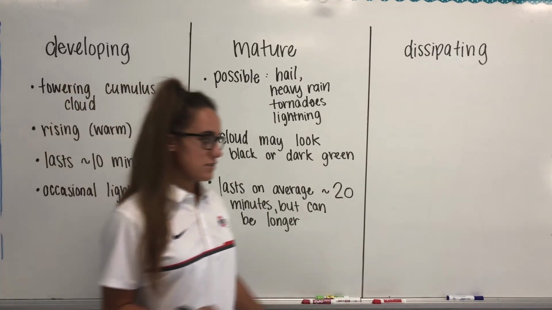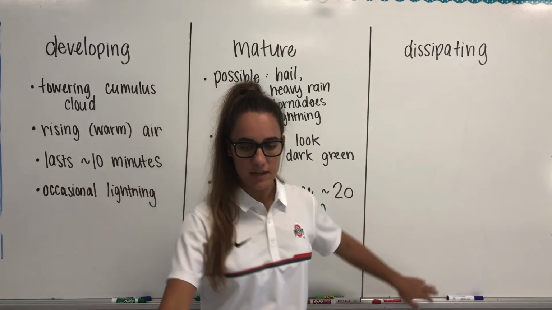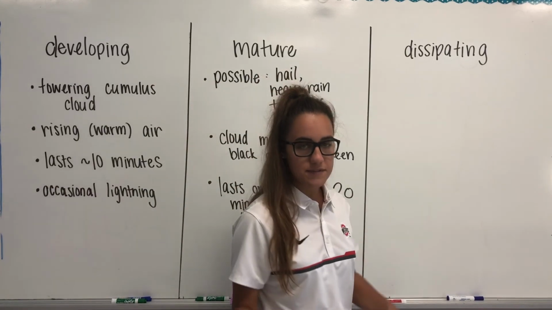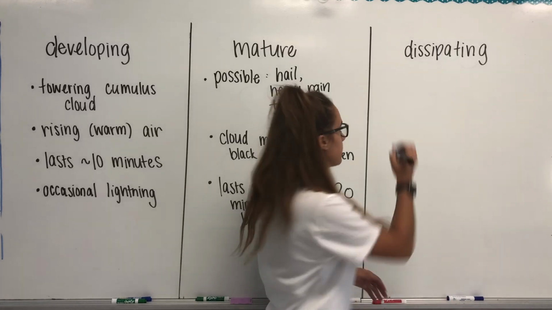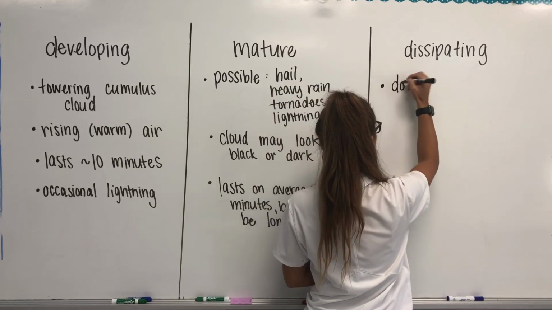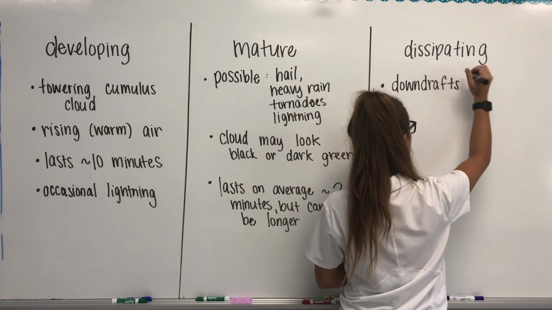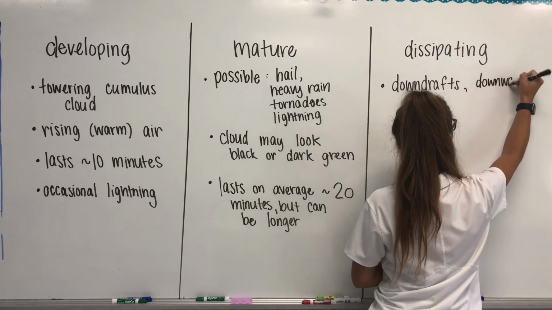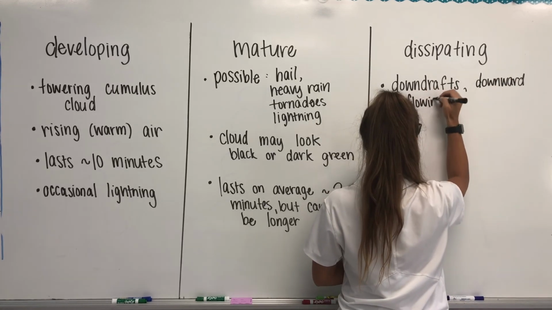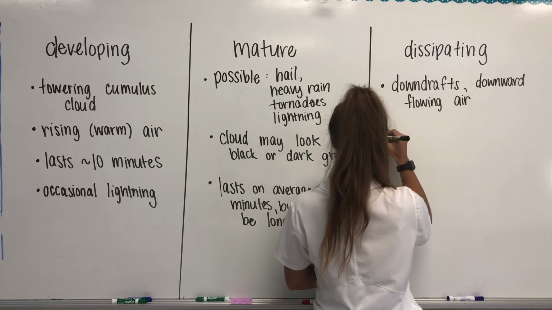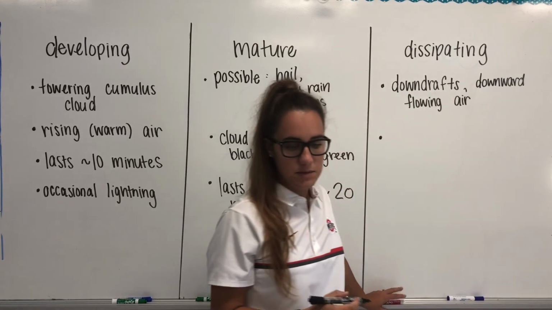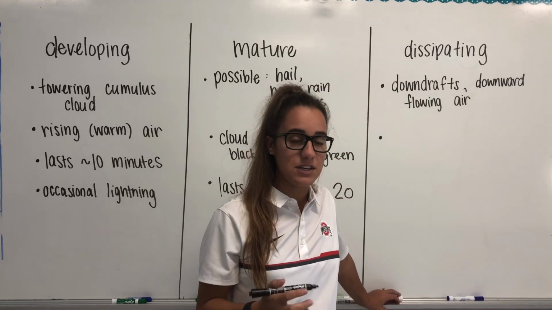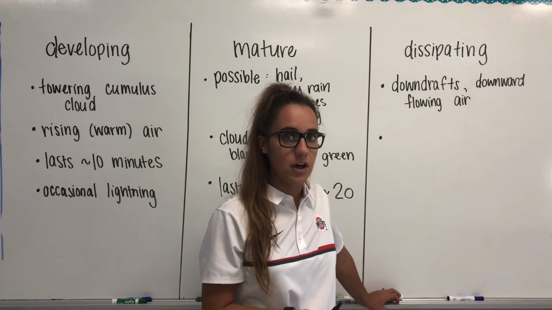Okay, moving on to our final stage, which is dissipating. We have those downdrafts of that downward flowing air. In the dissipating stage, we also will see a decrease in the intensity of rainfall or precipitation.